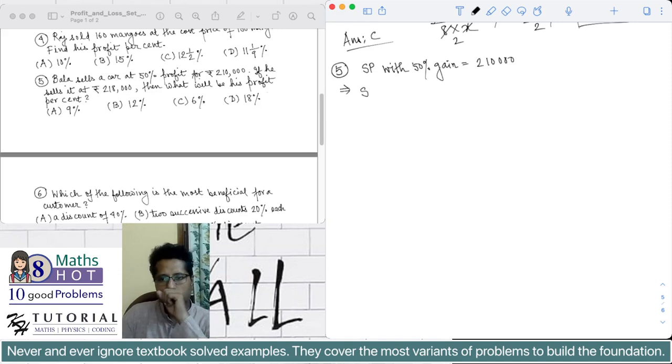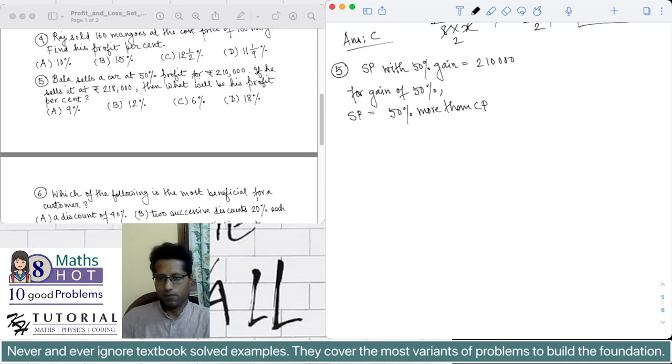We know that for a gain of 50%, the selling price must be 50% more than the cost price.